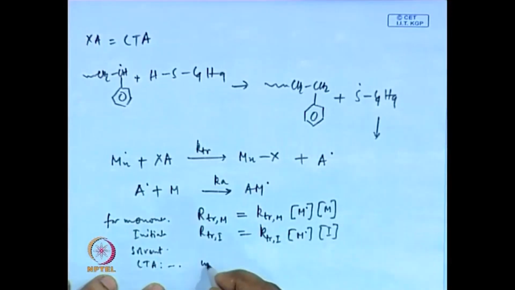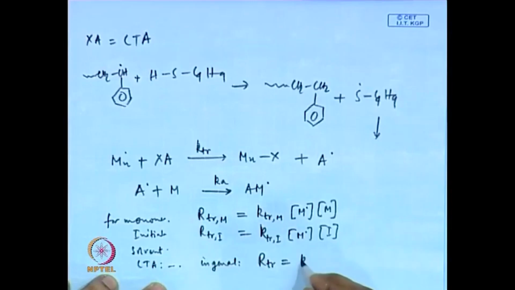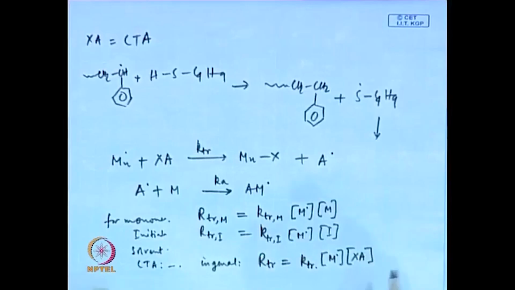So, in general we can write the rate of chain transfer is rate constant for transfer M dot X A. Okay.